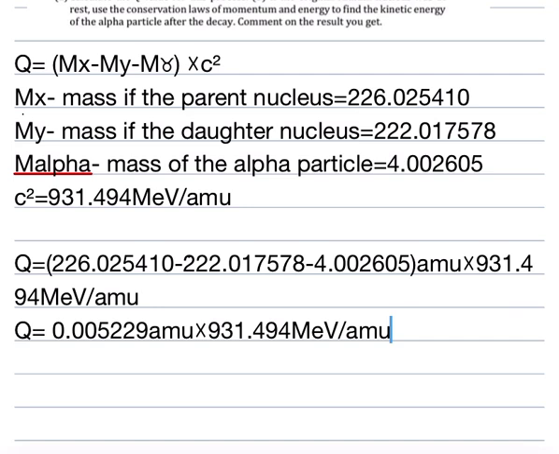You'll notice that if you punch these numbers as given in the question, the answer does not come out well. If you punch it as 226 minus 222, you get 4, minus 4, you get 0. So we need these long numbers for us to get the answer that we're looking for.